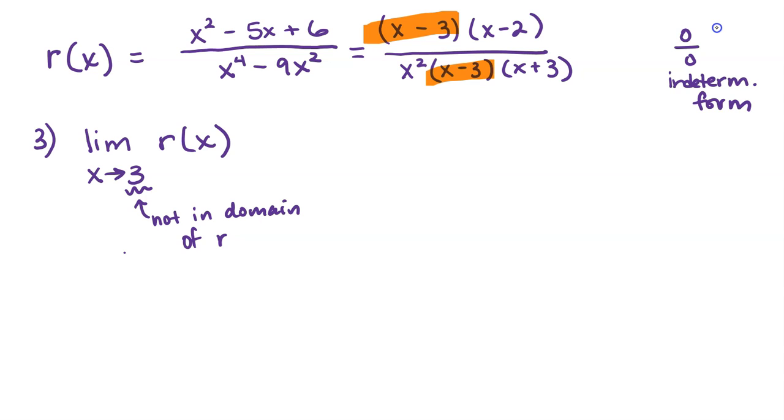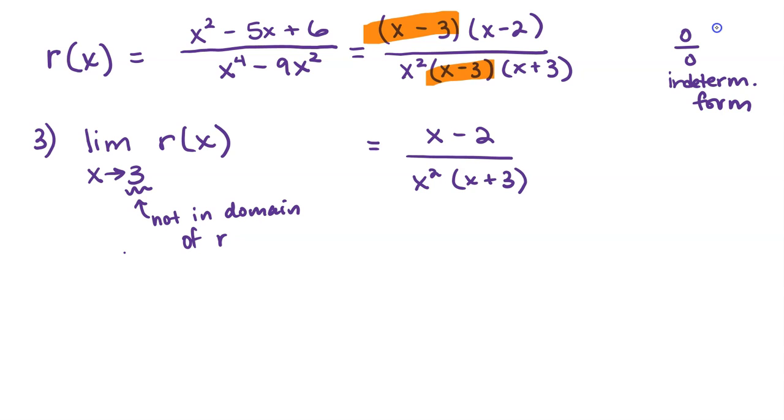In a rational function, where the factor that makes the top 0 is the same as the factor that makes the bottom 0, those cross out, and so we can write the function differently. We can say x minus 2 over x squared times x plus 3.